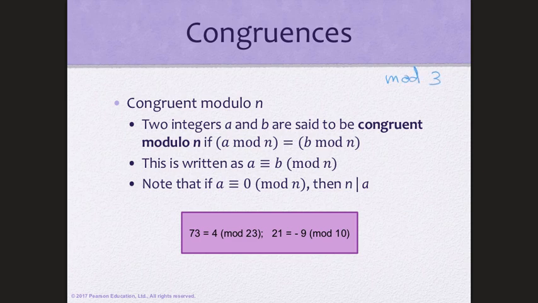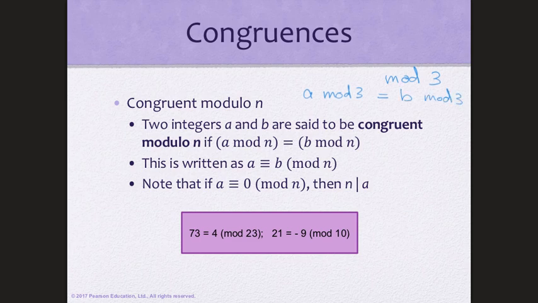Two numbers are congruent to each other if A mod 3 equals B mod 3.